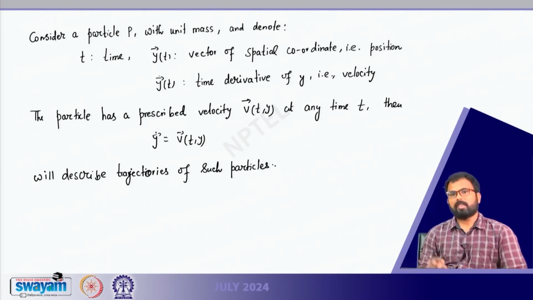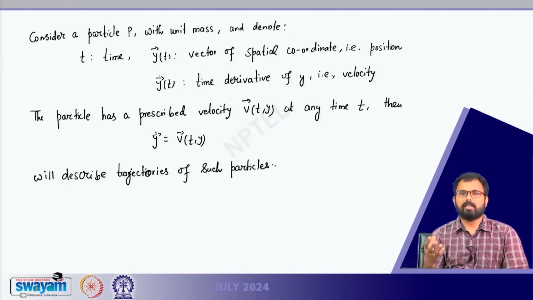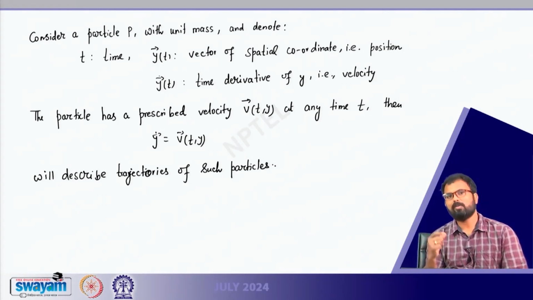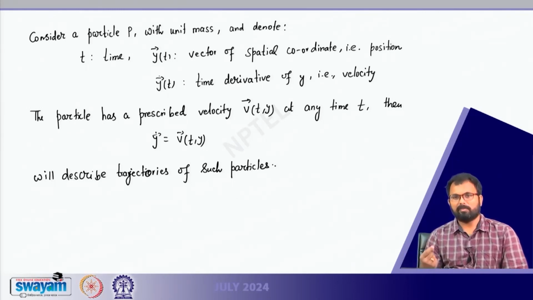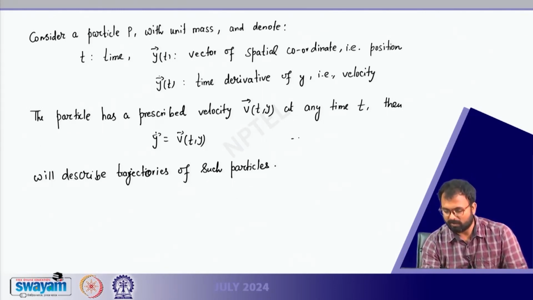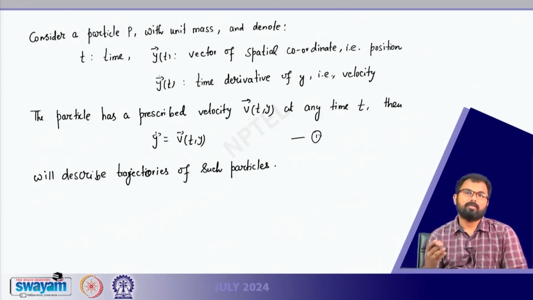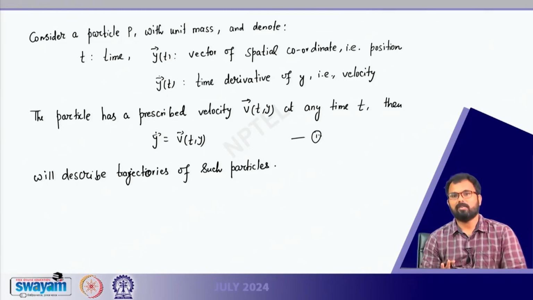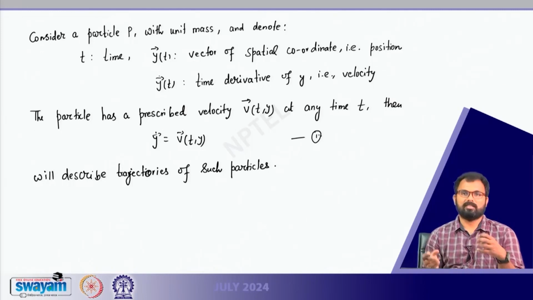Since rate of change of displacement equals velocity, we can write y dot equals v(t, y), that is dy/dt equals v(t, y). Now this particular equation, let us call it equation 1, describes the trajectories or the path of all such particles which have this velocity. So this is a very basic introduction of your ordinary differential equation.